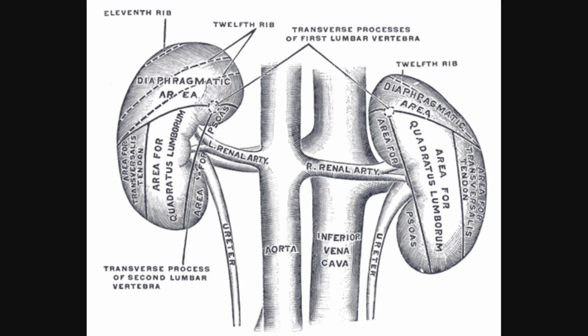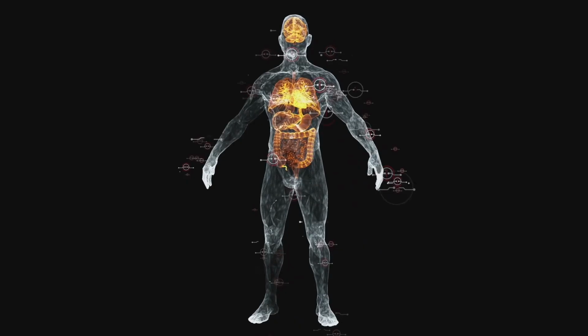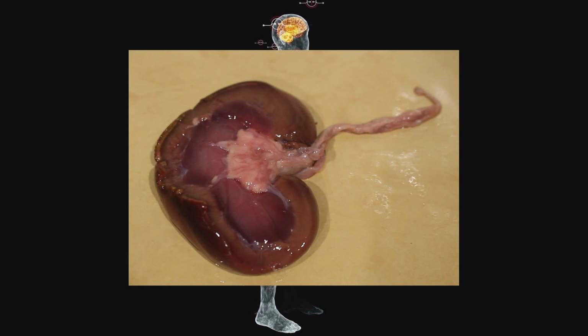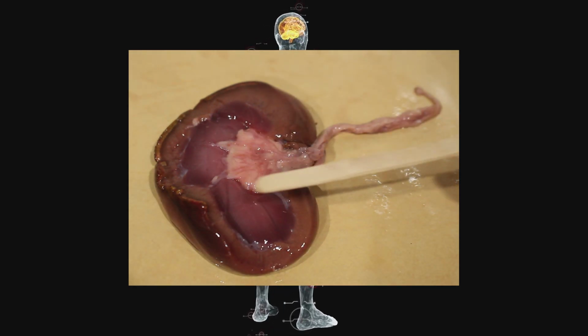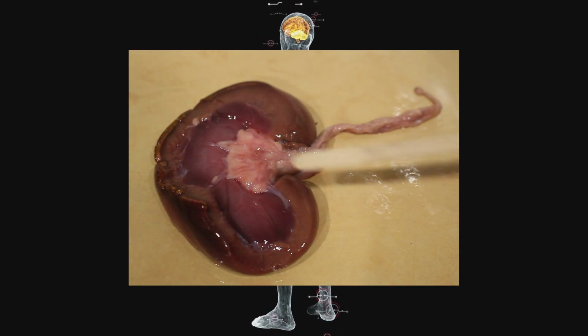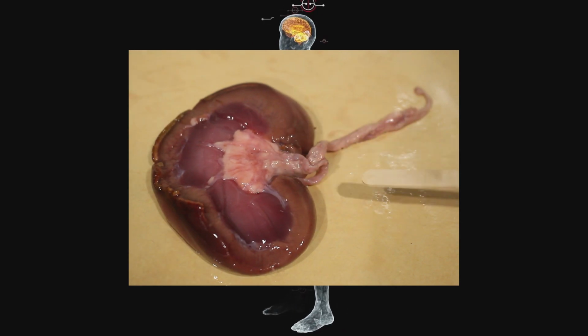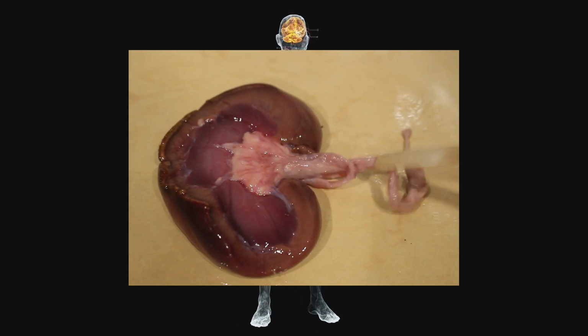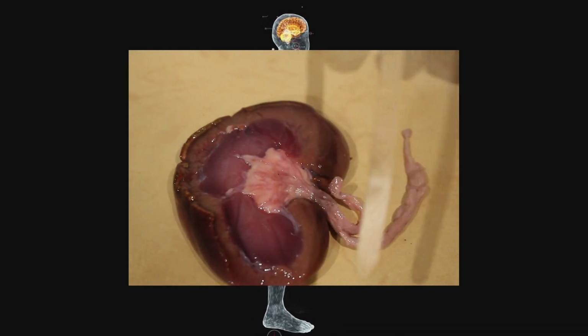The decrease itself is detected by granular cells which are found in the efferent arteriole, and this is found just at the start of the kidney. When these are stimulated, they release an enzyme, and that enzyme is going to create or lead to the creation of renin. Renin is what tells the body that blood pressure is too high.